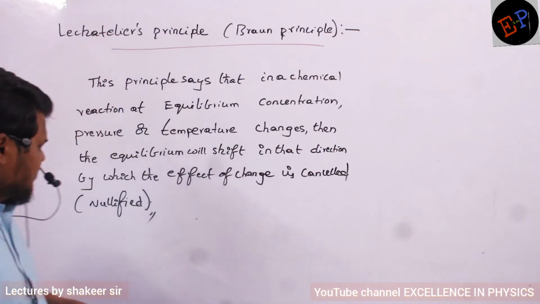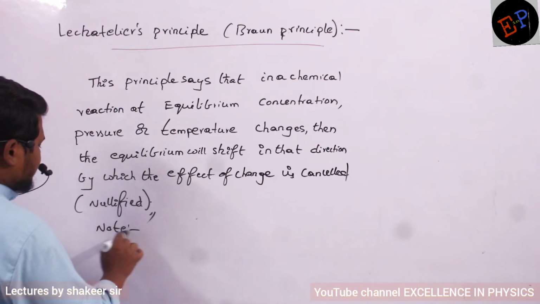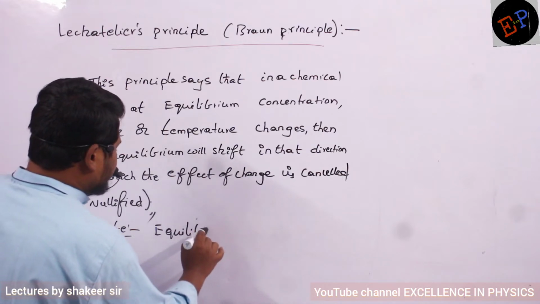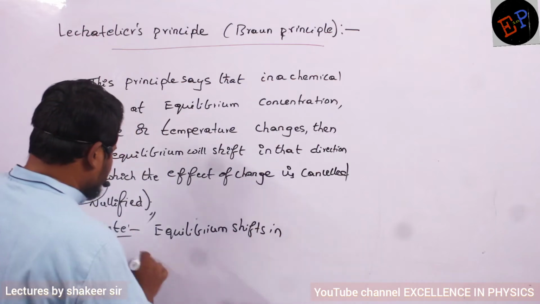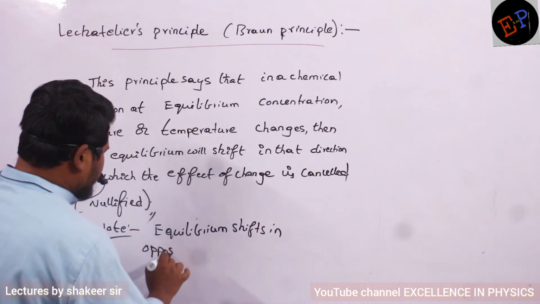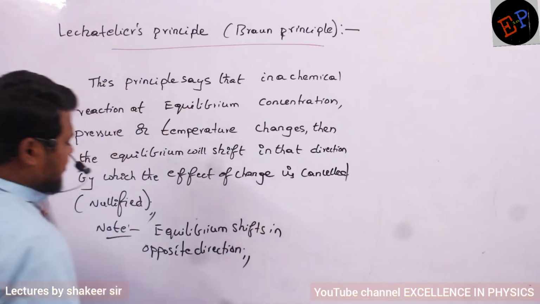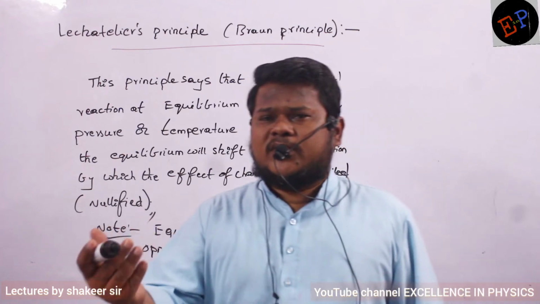So what is the point by which we understand this one? Equilibrium shifts in the opposite direction. If you remember just this point, very easily we can understand what is happening. So it means we have to do opposite work, that's it.